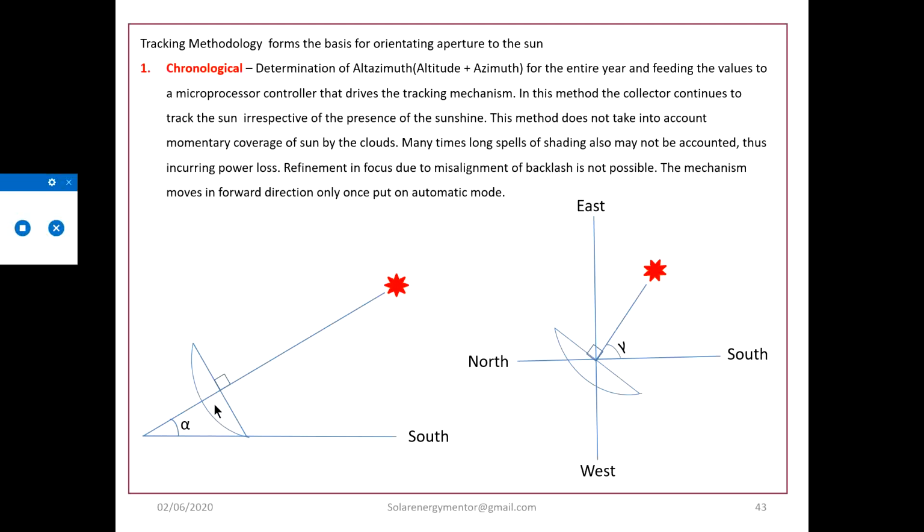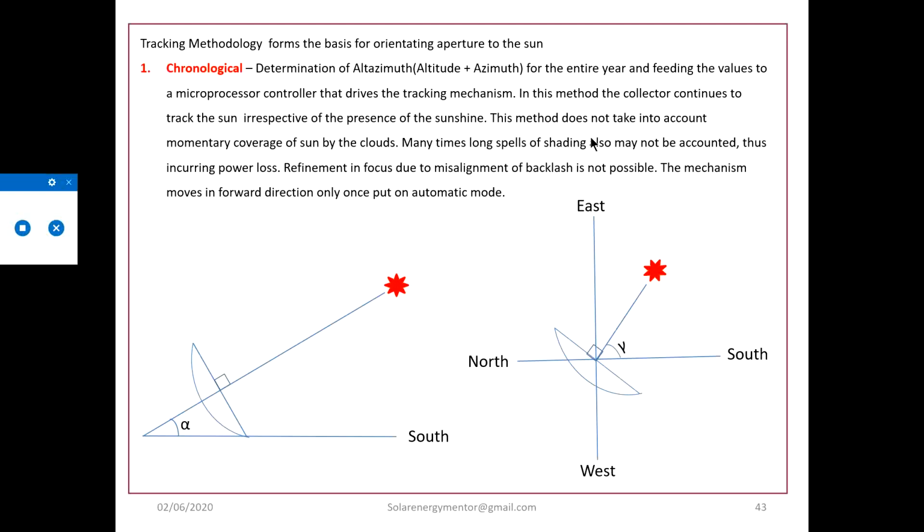In the second view, this view is different. Here there is south, and this is the ground. Here is the top view, where south is on this side, and then north, east and west. So gamma, the collector aperture azimuth, has to be adjusted. So simultaneous adjustments of alpha and gamma are done here.